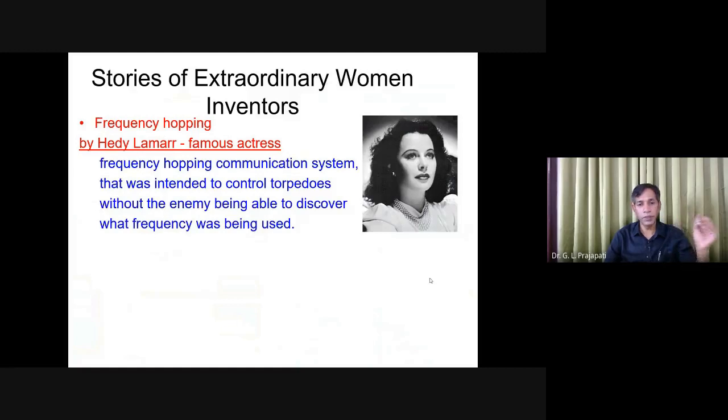Now this is also one example of interdisciplinary research. Frequency hopping was discovered by the actress Hedy Lamarr. Electronics persons may know the frequency hopping communication system, which was intended to control torpedoes without the enemy being able to discover what frequency was being used.